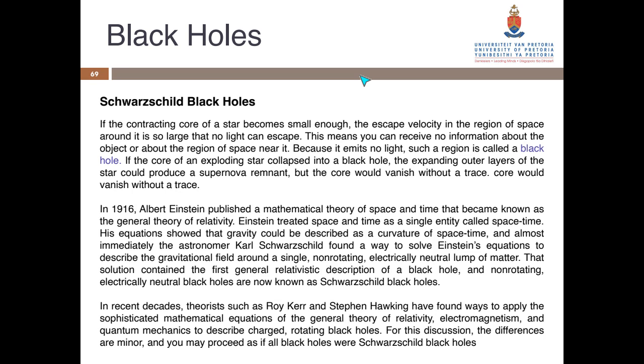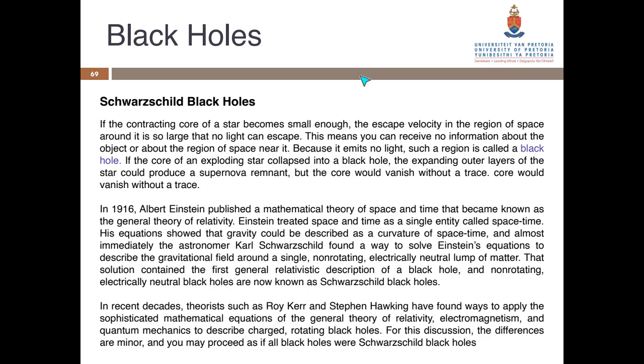In 1916, Albert Einstein published a mathematical theory of space and time that became known as the general theory of relativity. And Einstein treated space and time as a single entity called spacetime. His equations showed that gravity could be described as a curvature of spacetime.